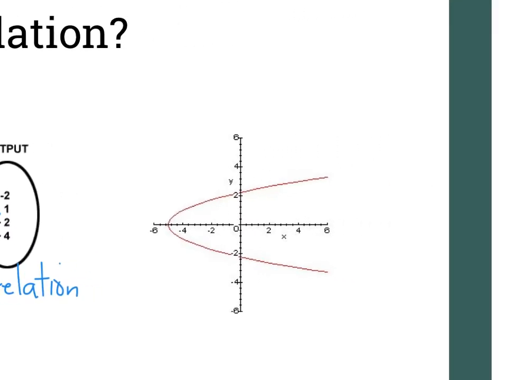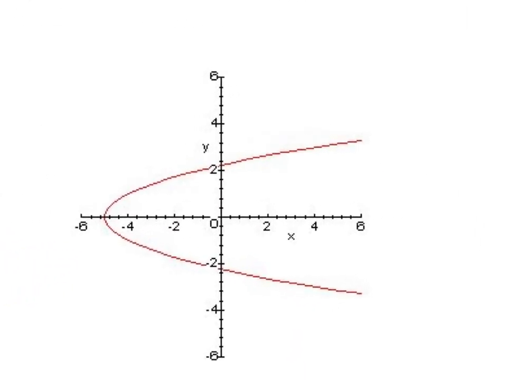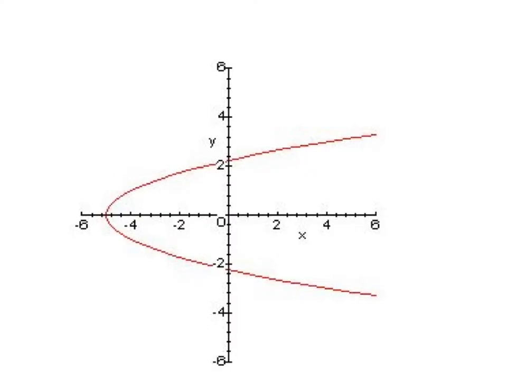In the third one, for the graph, if we select, say, x equals 2, this is how we see what are the values that correspond to x equals 2. To do that, all we have to do is to trace the graph from the value x equals 2.